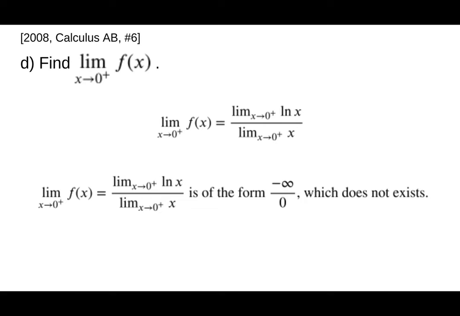There could be something in the scoring guide for how to handle that, how many points you can get if you make a mistake like that. As long as the limit is a real number, you're fine using an equal sign, but once the limit is not a real number, it's better to use a phrase rather than an equal sign, and try not to let that phrase be "is equal to," since that is the same as an equal sign. But this one turns out to be something that's not a real number, so it does not exist.